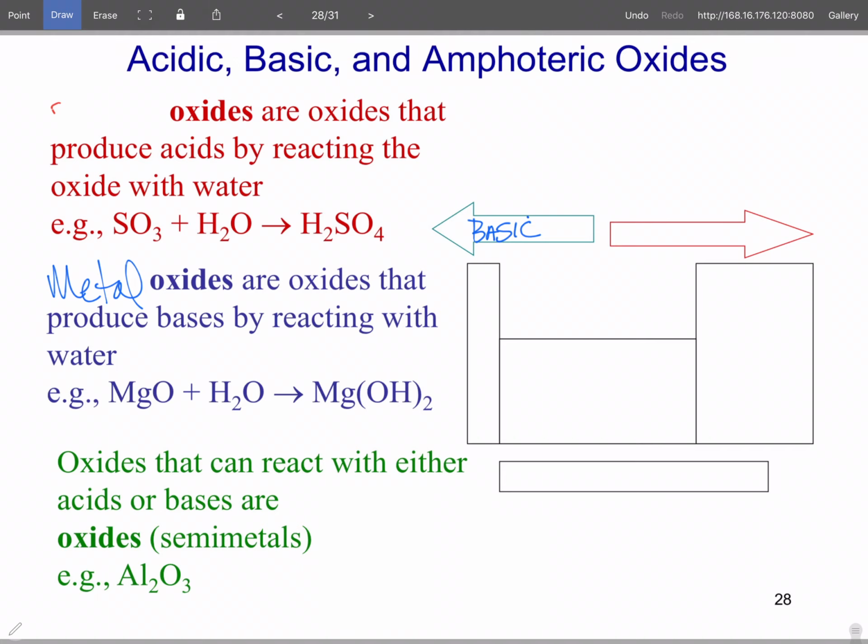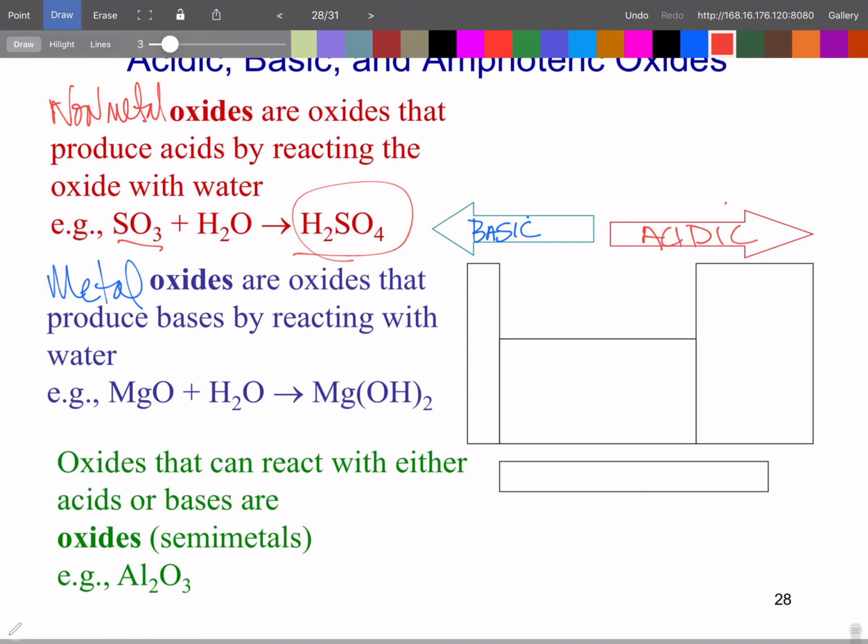Non-metal oxides tend to be acidic. This is where you get acid rain. So SO3 plus water gives you sulfuric acid, so that's your acid rain.